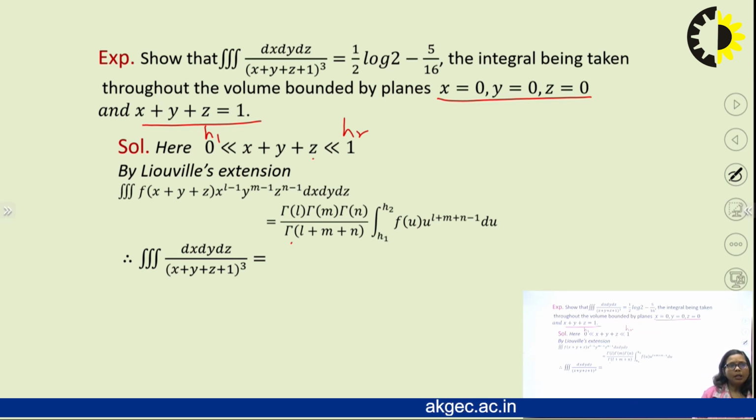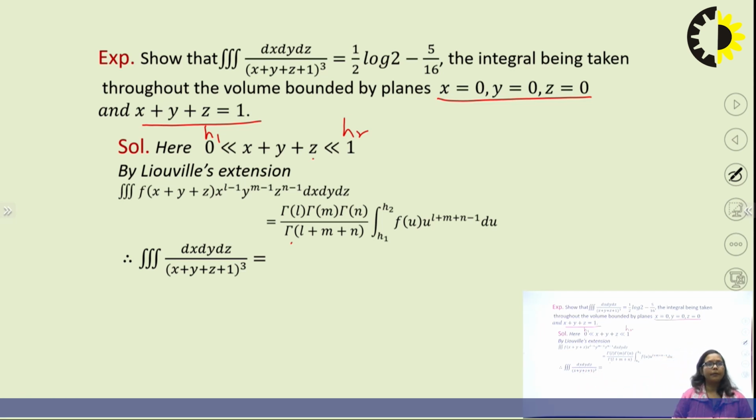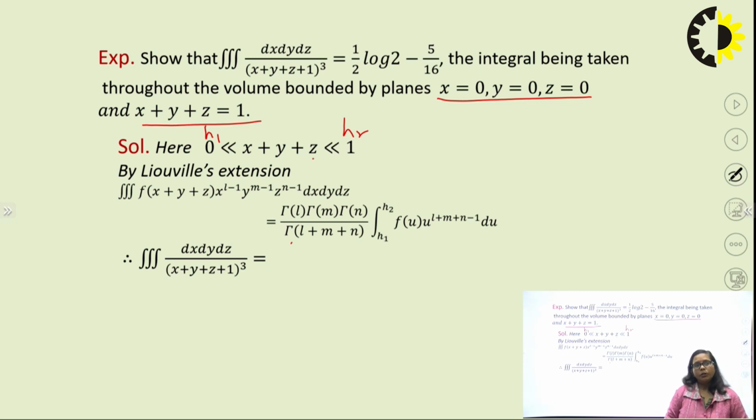Now I started with my given integral, which is the triple integral dx, dy, dz upon x plus y plus z plus 1 whole cube. Now if I compare this integral with the left-hand side of the extension, these parts of x, y, z are missing in this question.